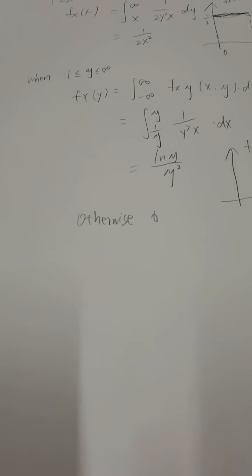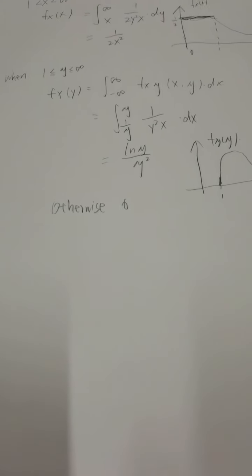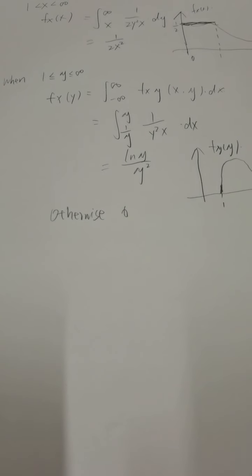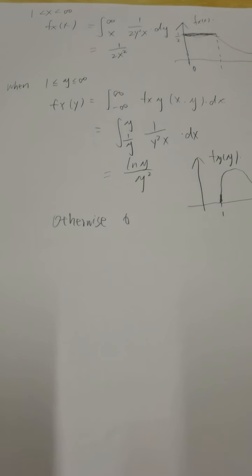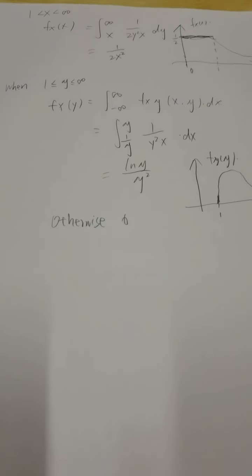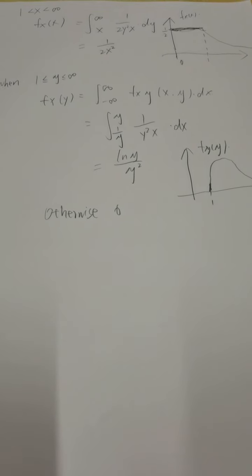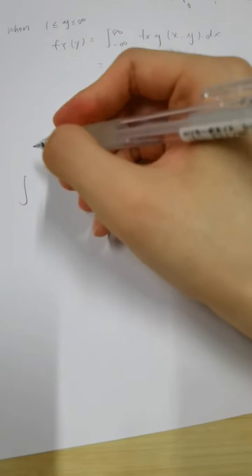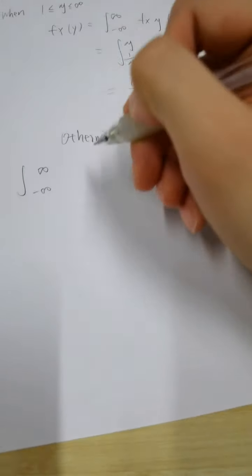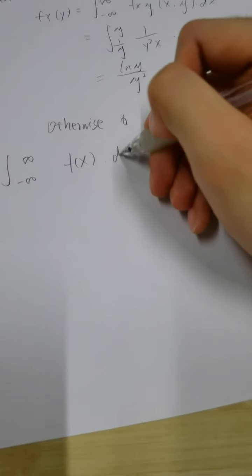So the last part: verify fx and fy are valid density functions. How to verify it is to take the integral of fx and fy separately. If the answer is equal to 1, that verifies fx and fy are valid density functions. So let's calculate the integral from negative infinity to infinity of fx times dx.